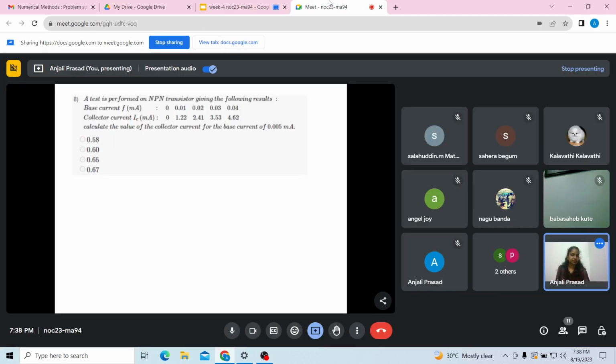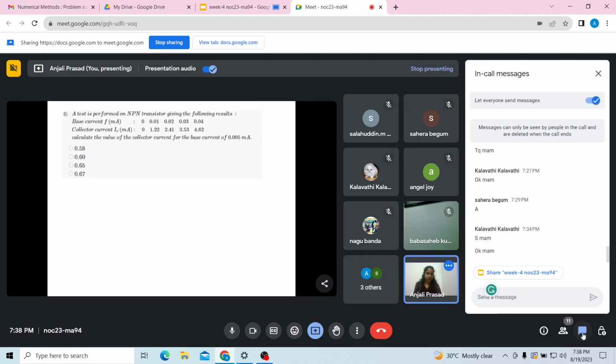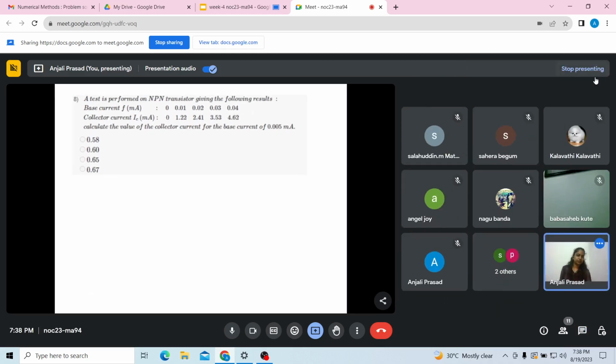So what's the answer you're getting? Did anyone get the value of the collector current correct at base current 0.005?